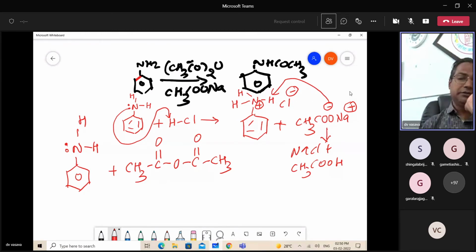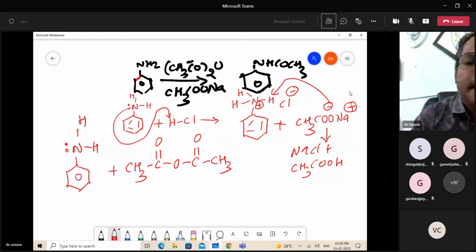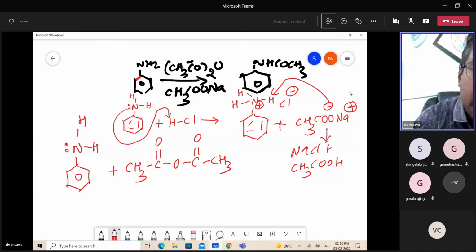Now what will happen? There are 2 carbonyl groups involved and both are the same. So the reaction will initiate. The pi bond between the carbon and oxygen will get cleaved, so that, due to the higher electronegativity of oxygen, the electron of carbon will be taken up by the oxygen. So here what do we get?